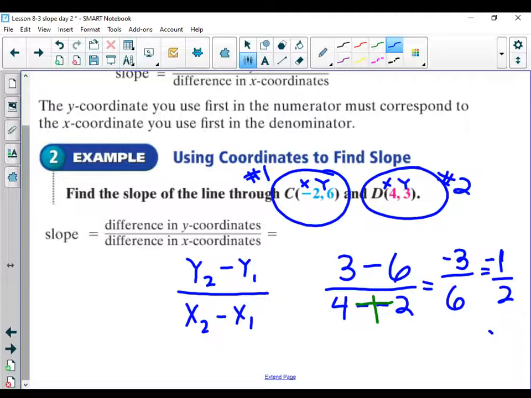What's this number then? Run. Down one, run two. Down one, run two. Down one, run two. So it's going downhill over here somewhere. So this is kind of cool about slope. As soon as you can see it, you can kind of picture in your head what the graph is going to be looking like.